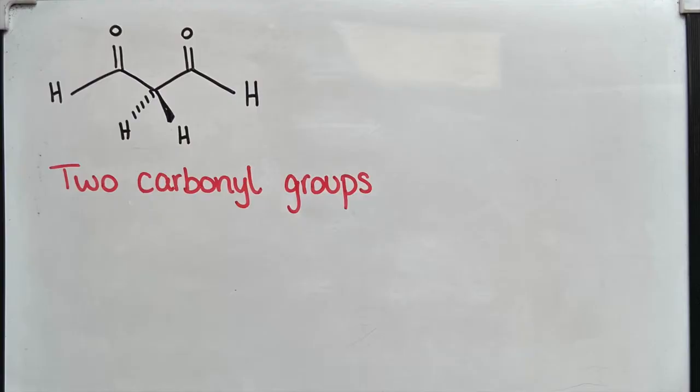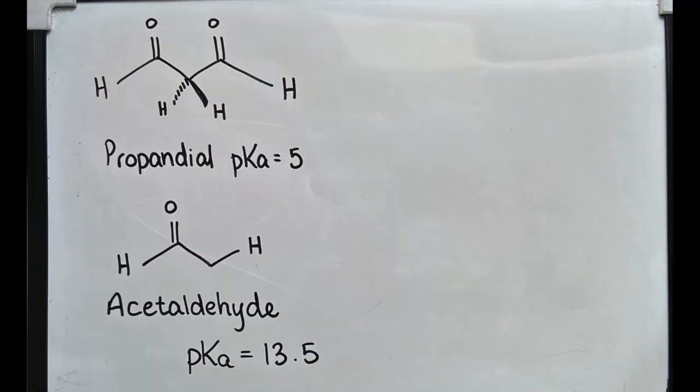The final point I would like to mention in this video regarding the acidity of carbonyl compounds is if you have two carbonyl groups, such as in this compound, the acidity increases quite significantly. You can see the pKa of propanedial with two carbonyl groups is much lower than acetaldehyde with only one carbonyl group, meaning it is more acidic.